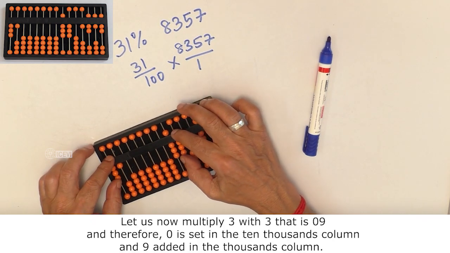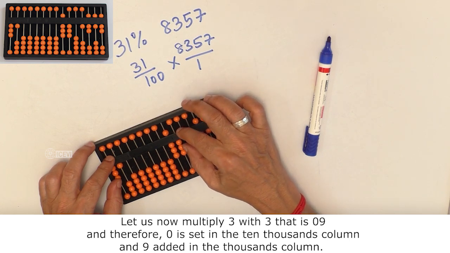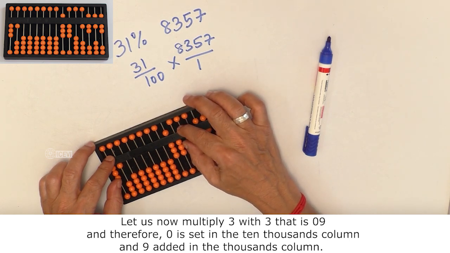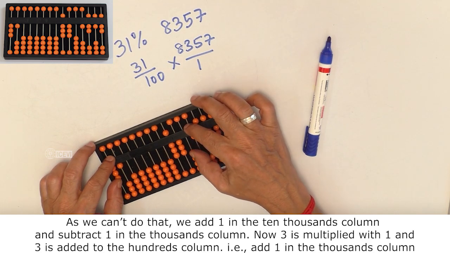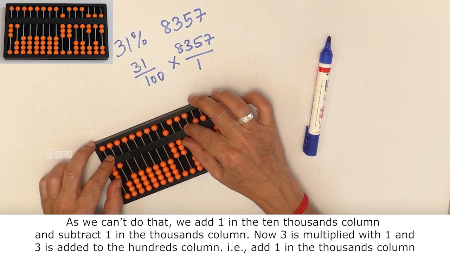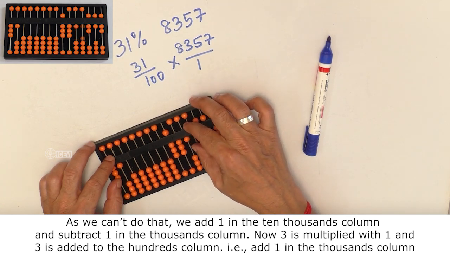Let us multiply 3 with 3, that is 9. That should be treated as 0, 9, and therefore 0 is set in the 10,000s column and 9 added in the thousands column. As we can't do that, we add 1 in the 10,000s column and subtract 1 in the thousands column.